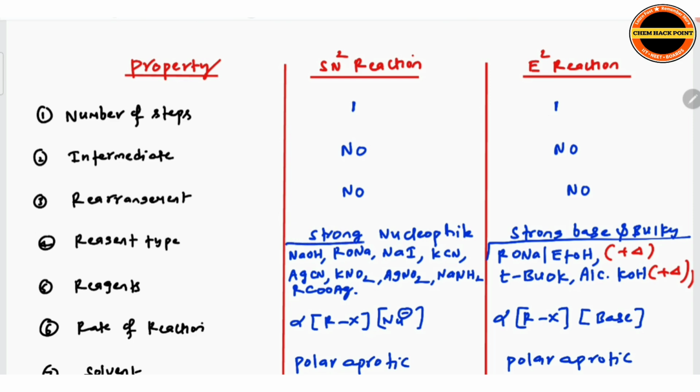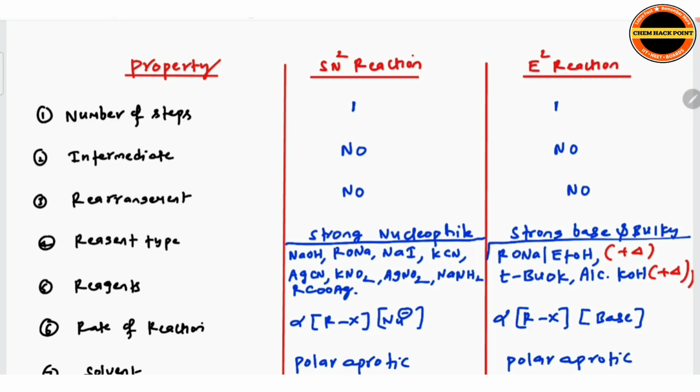Here it is a strong nucleophile. So the remaining ones, AgCN, KNO2, AgNO2, NaNH2, are all reagents for which one? Reagents for SN2.